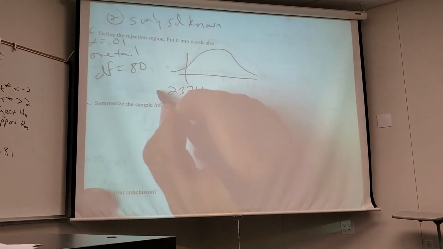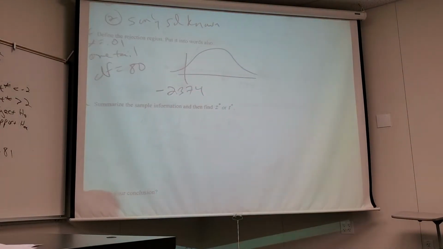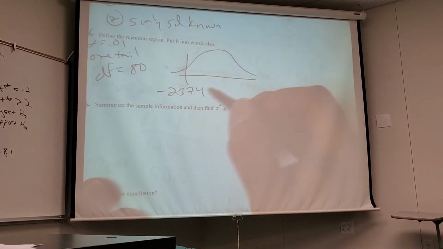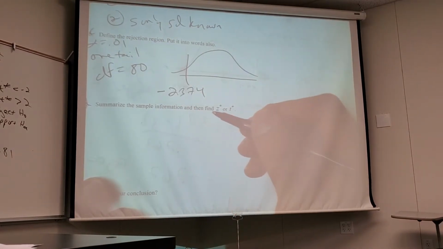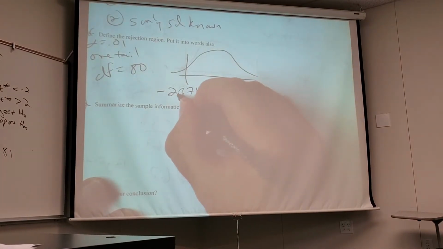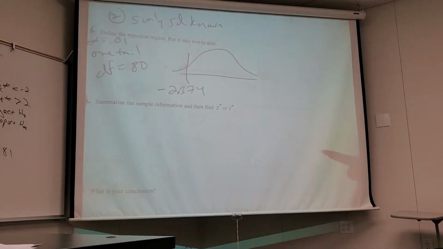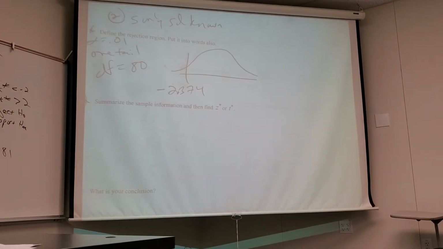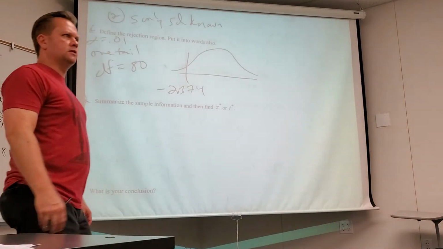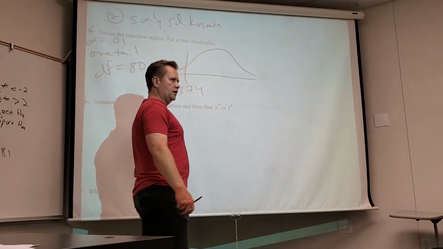Yeah, it's supposed to be negative because it's down there. We're the humans. We know when to put the negatives in. Well, what's in the middle? The mean. And what's the mean when you standardize it to a T or Z? The mean becomes 0. So if it's down there, it's going to be negative.